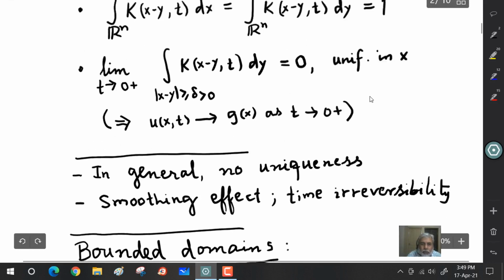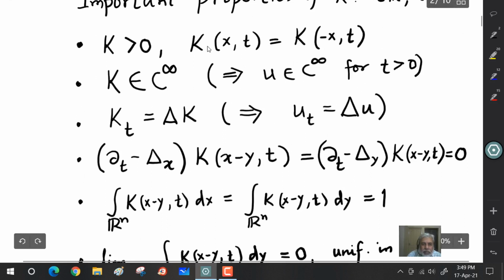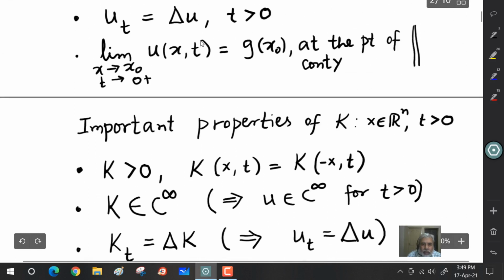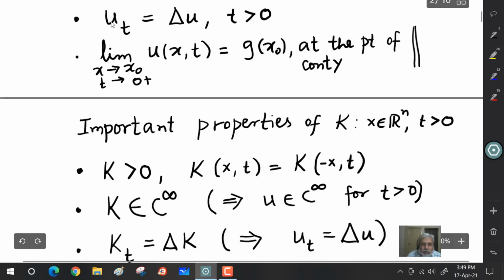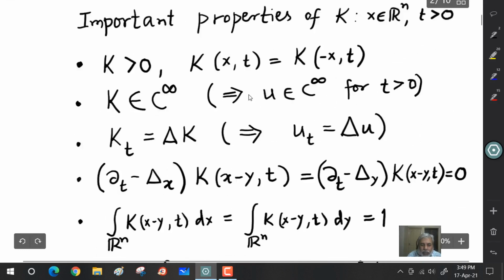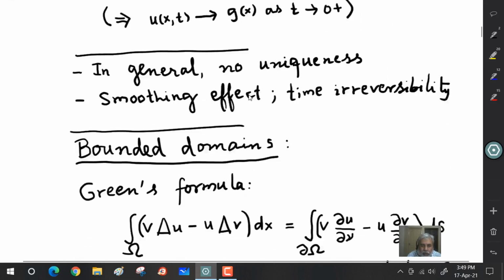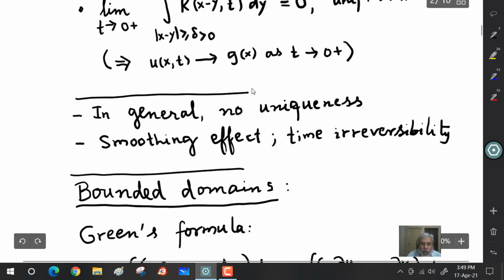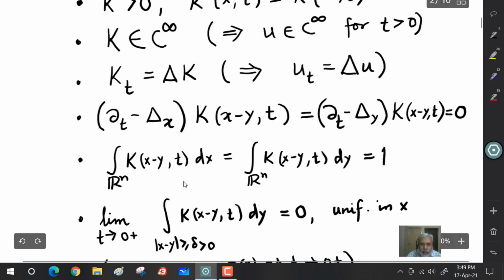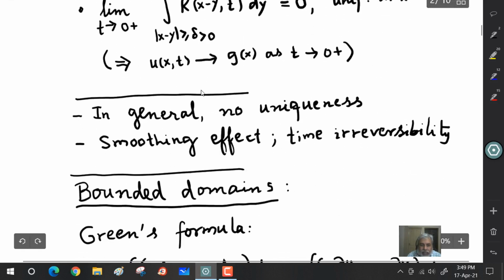So if you restrict, for example, the solution to the class of those functions with exponential growth, then there is uniqueness. Okay, and as I said here, since k is a C infinity function, u is a C infinity function, so that is referred to as the smoothing effect.